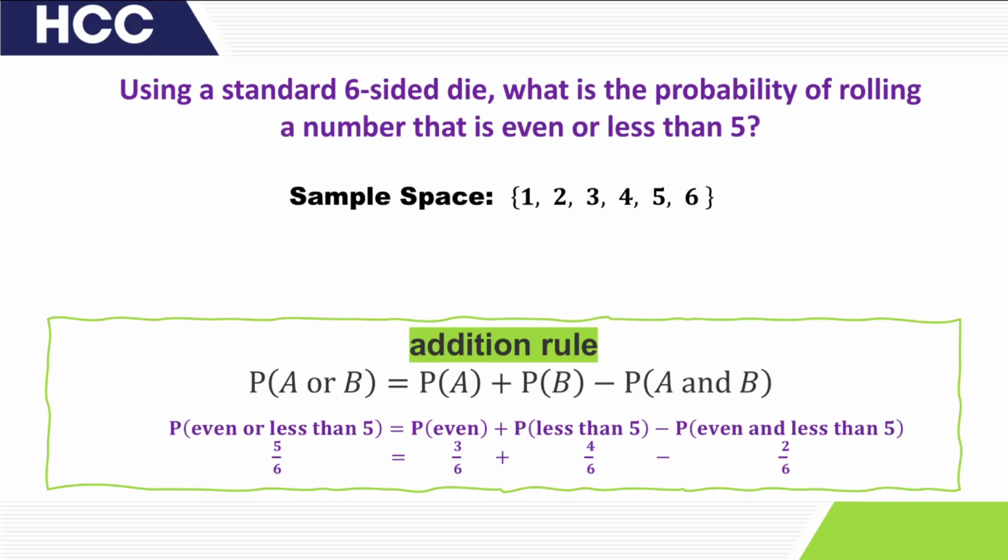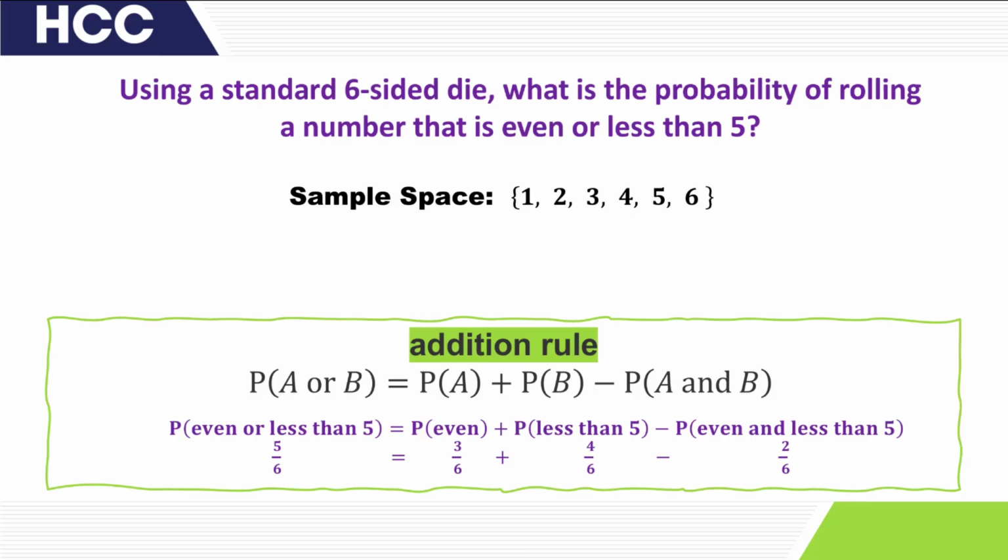They got counted as being both even and less than 5. So we need to remove that double count. We're going to subtract away the probability of getting those even and less than 5. So subtract away the 2/6 from the 7/6, and we get our final correct answer of 5 out of 6.